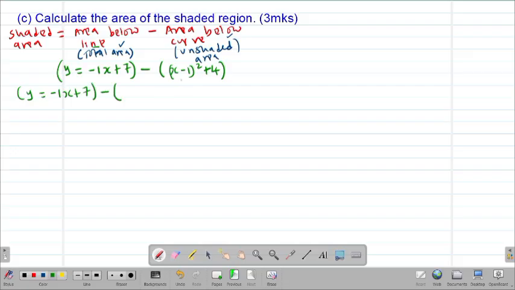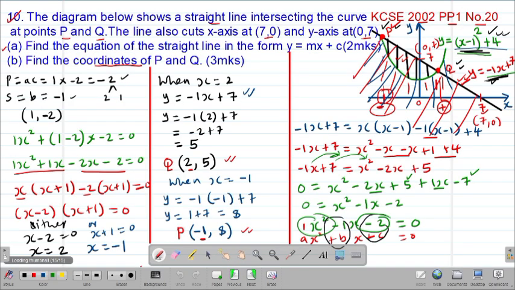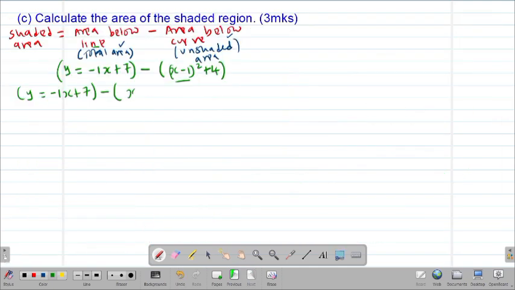Remember when we expanded this part, the expansion gave us x squared minus 2x plus 5, then of course added to 4. So if I subtract these two equations, it means that I'm going to have the following.